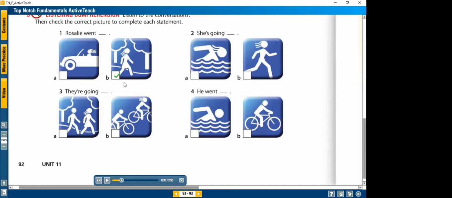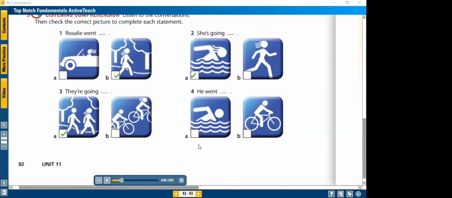So at the end, they say that probably she went for a walk. She's going swimming. Swimming, that's the correct answer. Number 3, they are going for a walk.